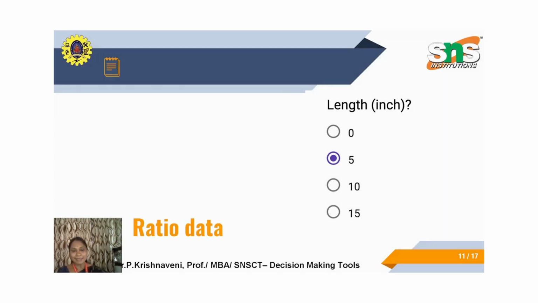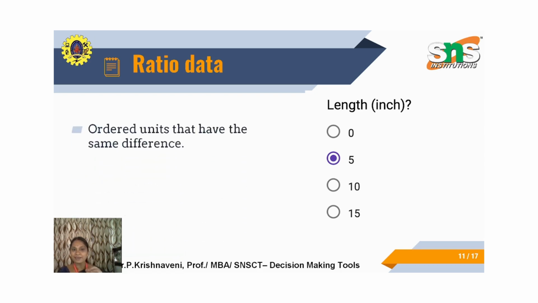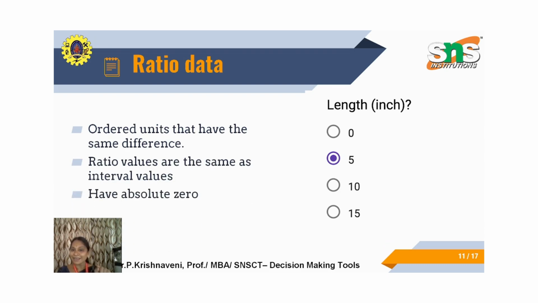But in ratio data, we have 0, 5, 10, 15 and so on. Here the actual zero represents the true value of zero. Zero length means there is no length: 5 meter, 5 inch, 10 inch, 15 inch. The units have the same differences as in the interval scale, and the ratio values work the same as interval values, but here there is an absolute zero value.